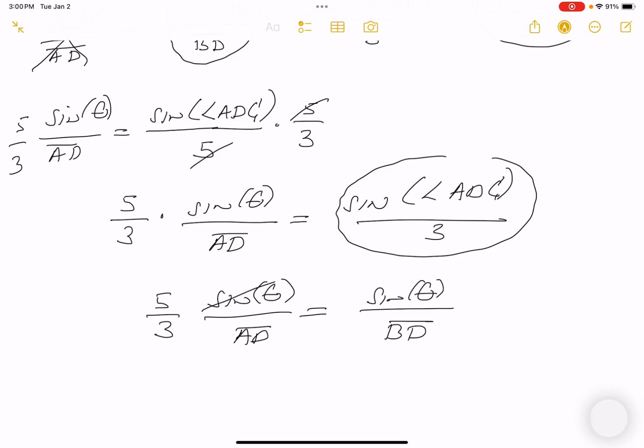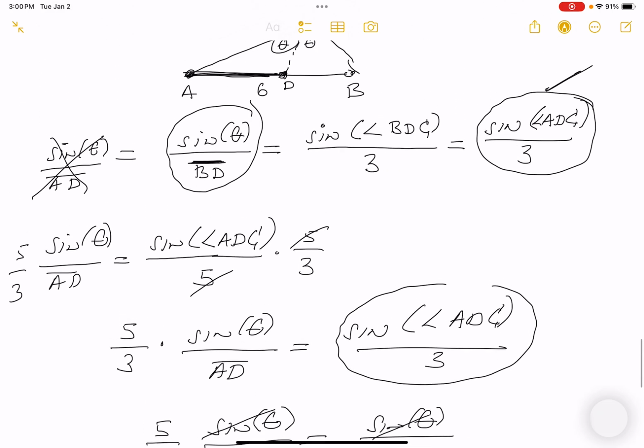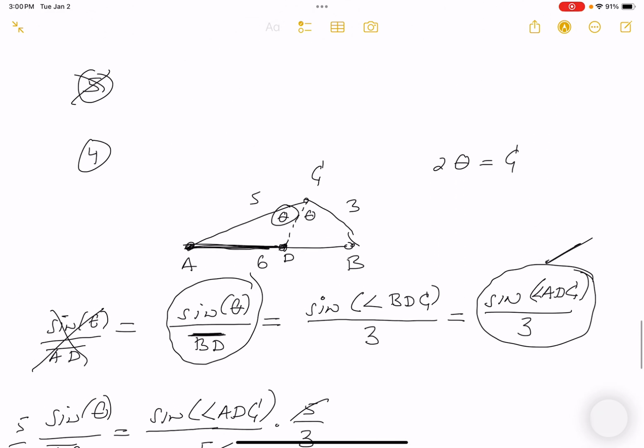Well, these are going to certainly disappear. And I get 5/3 equals AD over BD. I'm going to go back to my picture though. And I want to point out in my picture that 6 is equal to AD plus BD. Just look at that picture over there.